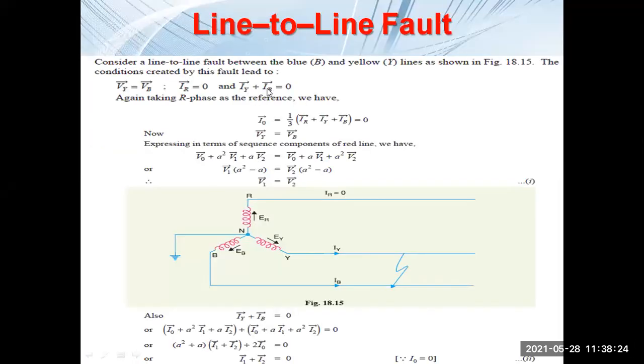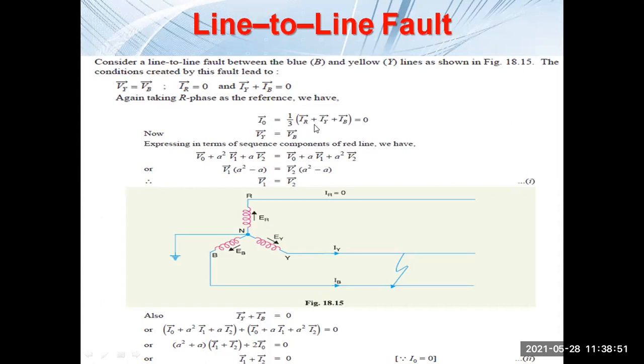Okay. Now you see, we are taking reference of R phase. For example, we are calculating with respect to R phase. So I naught will be equal to 1/3 of IR plus IY plus IB. This is a common expression. The zero sequence current equals 1/3 of R phase current plus Y phase current plus B phase current. Yes or no?